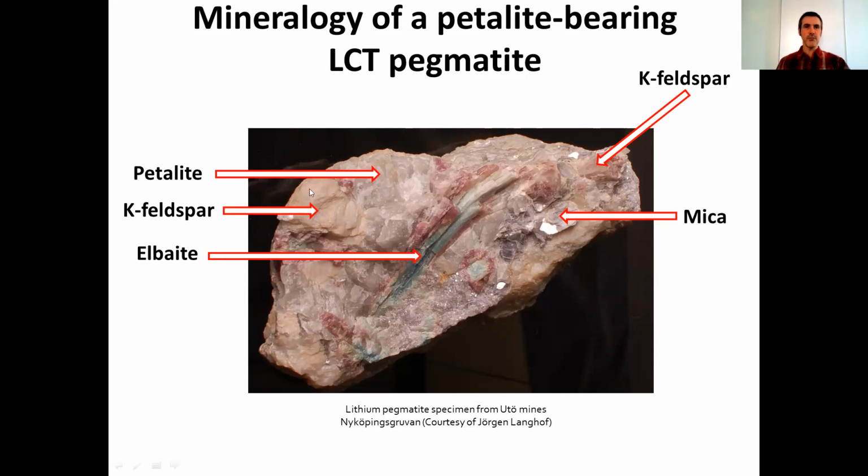Here we have potassium feldspar, and here as well the elongated mineral here is the elbaite, a tourmaline, and here the flaky minerals are mica.